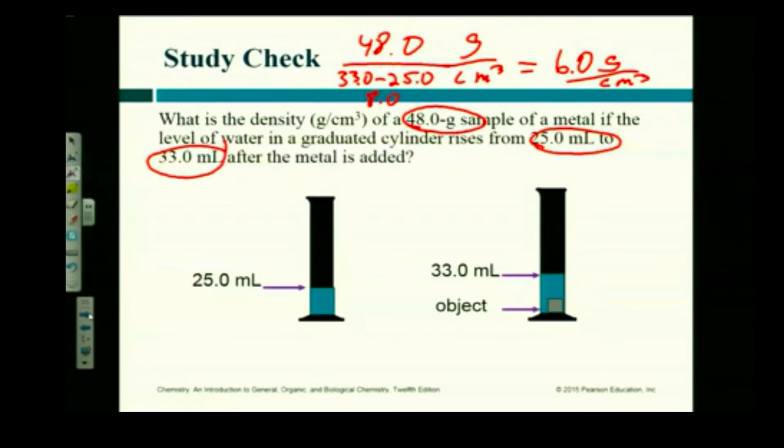Because 1 cubic centimeter is 6 grams. 2 cubic centimeters must be 12 grams, right? Does that make sense? That's the kind of problem we're getting ready to do. Right now, we're just trying to calculate the density. You're going to do this in lab as well, when you do the density lab. Okay?